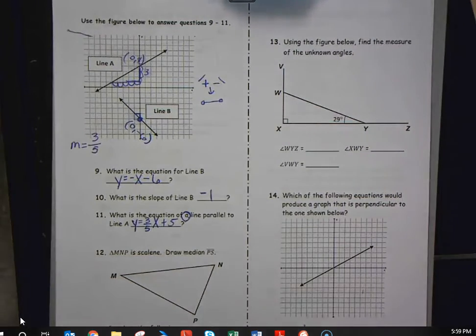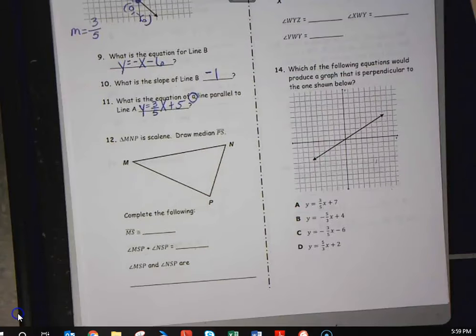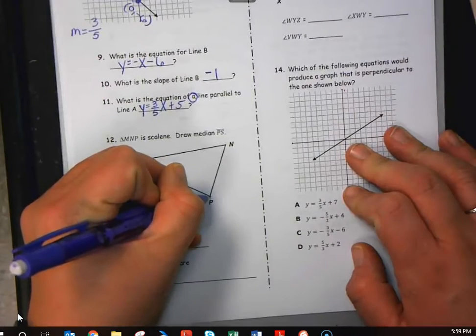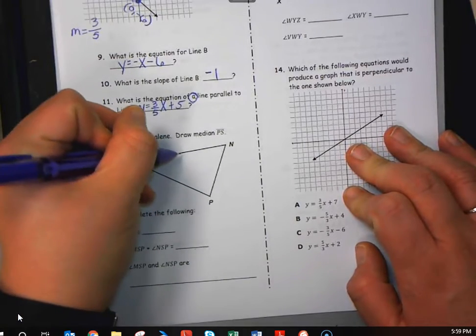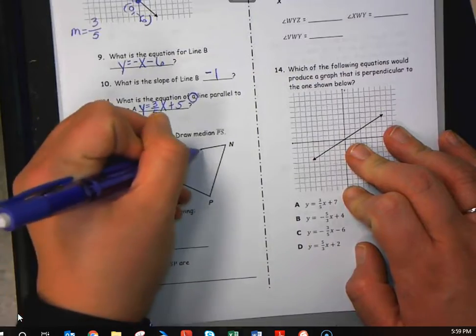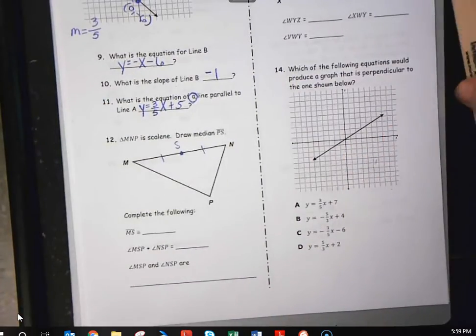All right, moving right along. It tells us that triangle MNP is scalene. Draw median PS. So that means our line segment is going to go from here to about, let's just say there. So our midpoint will be S. We need to mark them congruent.